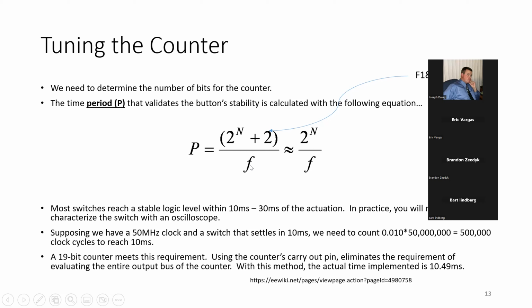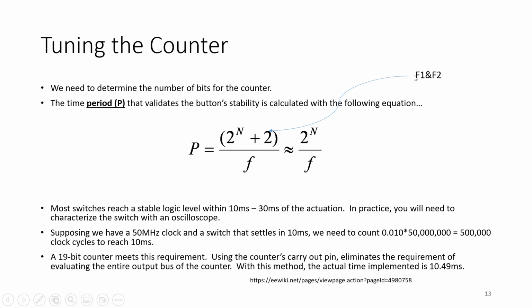This time I am saying 2 to the power n. N is the number of bits plus 2. Why do we say plus 2? Because I have the first and the second flip-flop. I need extra 2 clocks for those 2 flip-flops. And normally, those 2 clock cycles are nothing compared to 2 to the power n.